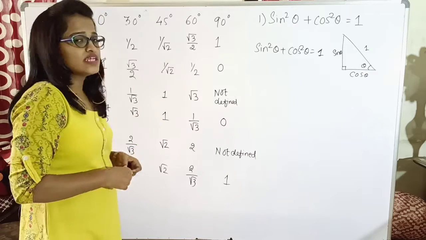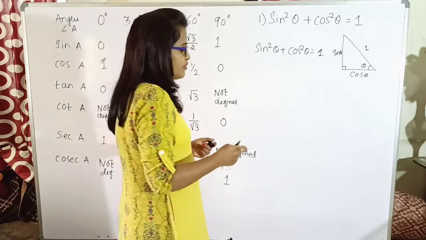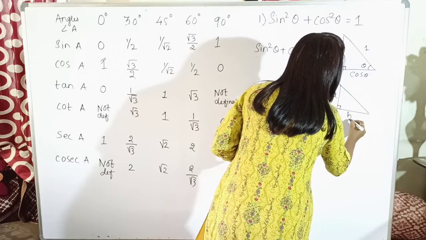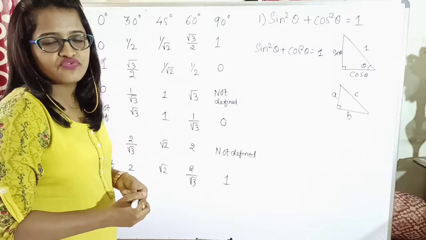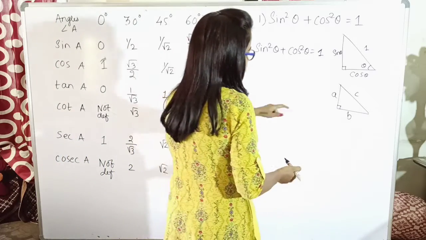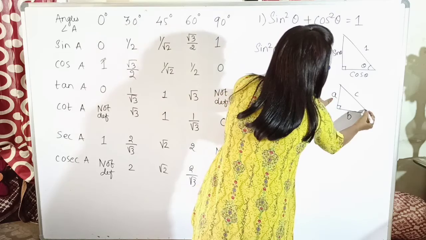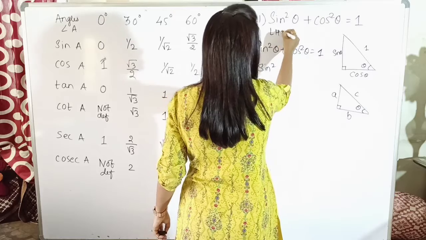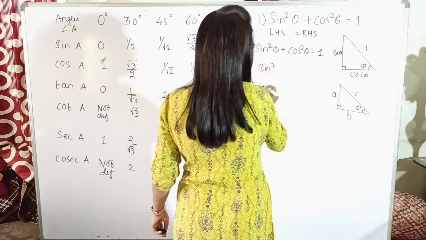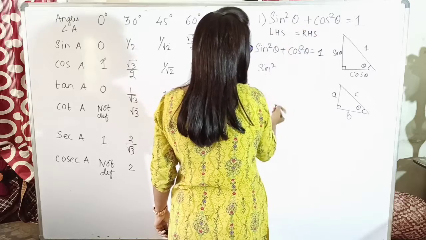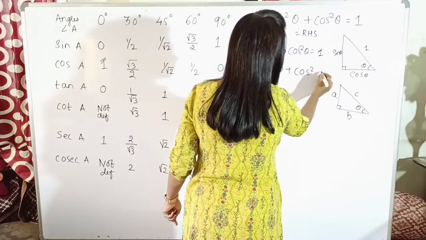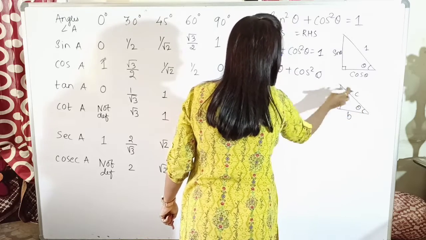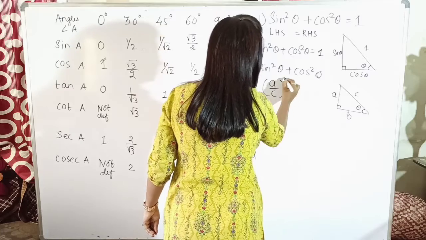What if I am not taking the hypotenuse as 1? Will it still be applicable? Let us see. Let us take the right angle triangle in which the sides are A, B and C, the first triangle which we have seen for deriving the ratios, isn't it? Yes. So now, if this is my theta, I have to show that LHS is equal to RHS, isn't it? So let us take the LHS first, that is sine square theta plus cos square theta. Now with respect to theta, what is sine theta? It will be opposite upon hypotenuse, that is A by C. So A by C bracket square.